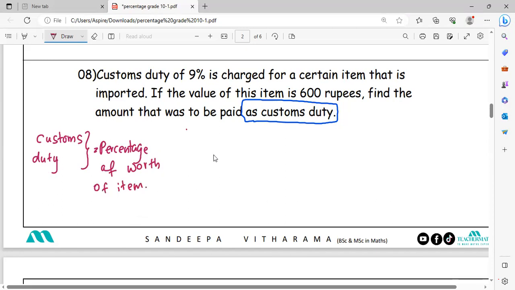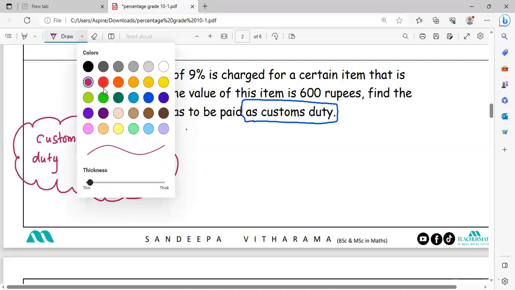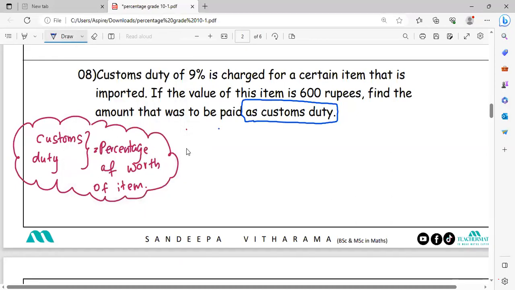Always remember this one. This is the key formula that you have to remember when you solve customs duty related questions. Actually, when we consider tax related questions, taxes are charged as a percentage of the worth of the item or the service, anything.